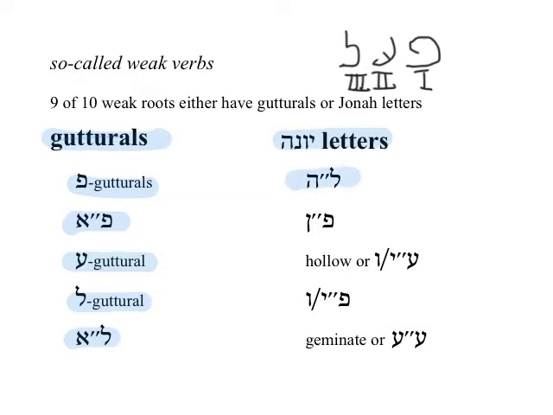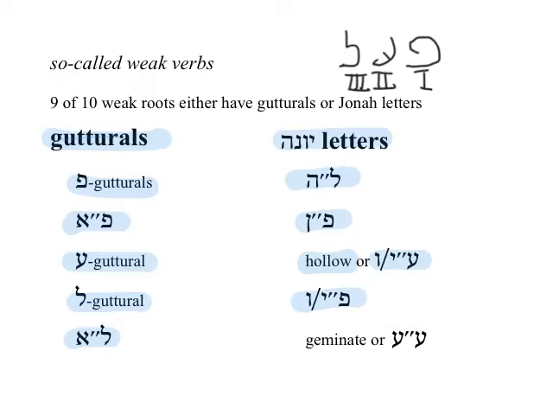So there's the Lamed He, when the He appears in the third position, Pe Nun, when the first root letter is Nun, and what's called either Ayin Yod Vav, or more commonly, hollow, because the middle root letter is Yod or Vav, and so it seems that the root is hollow, and Pe, Yod, Vav.